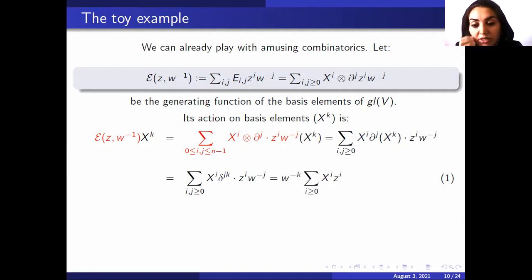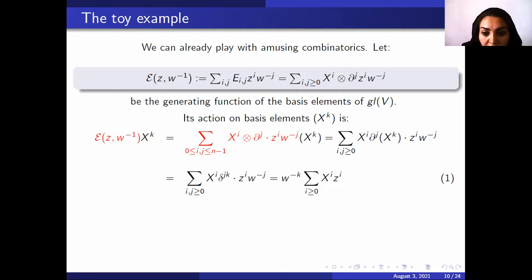So we have this equation: w^{-k} sigma x_i z^i. This last part is very important. For the time being, we'll just denote it by some notation, and I will mention it later.